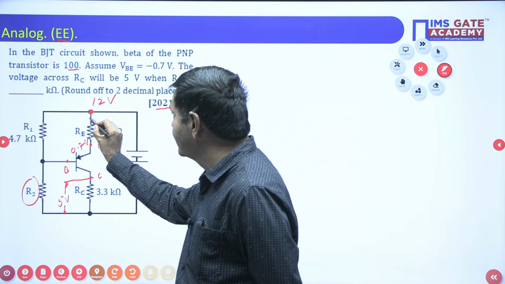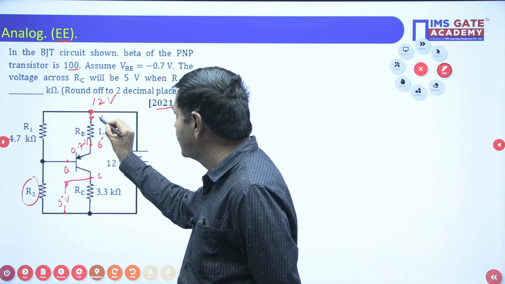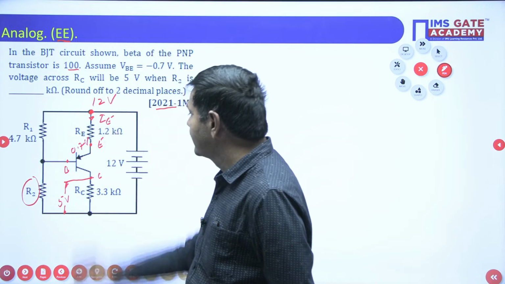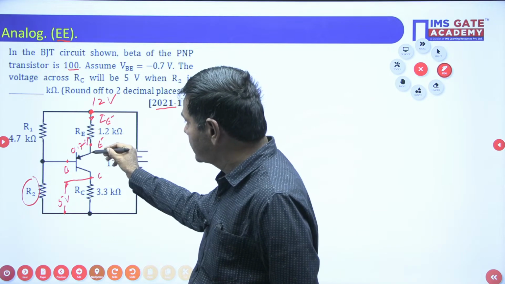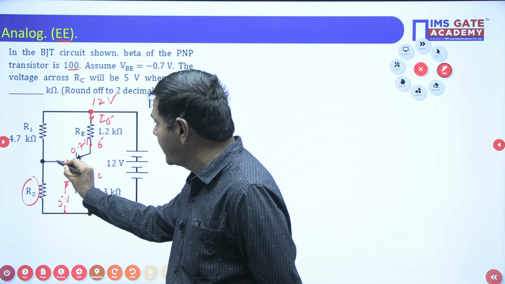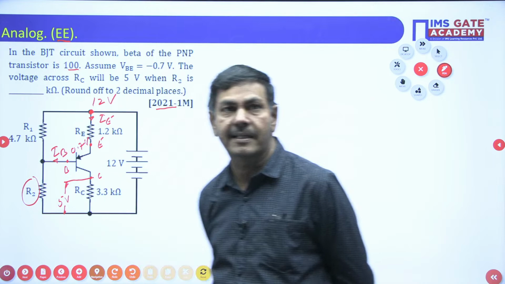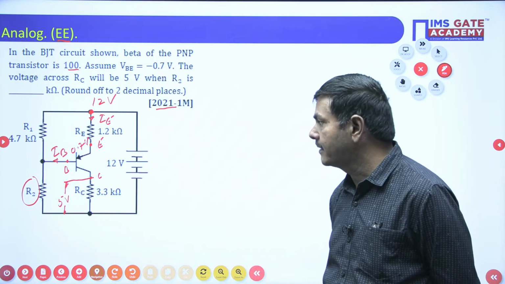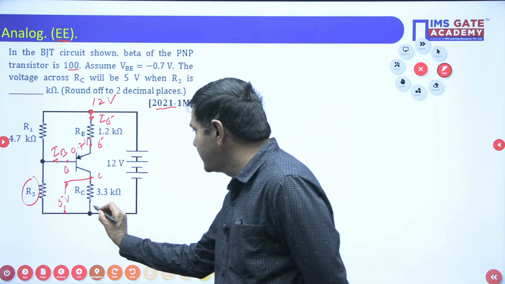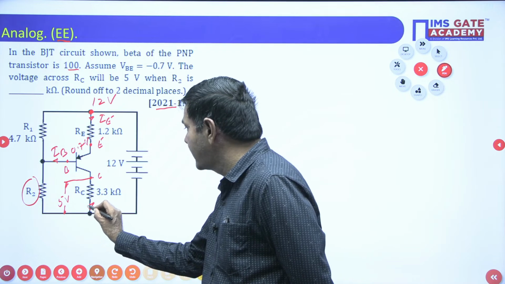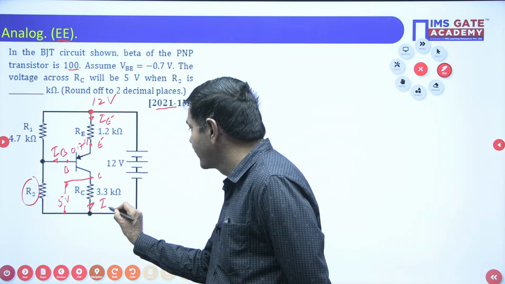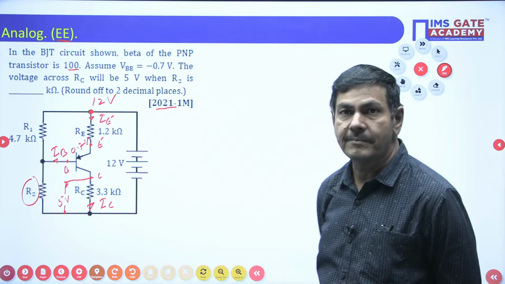This current is the emitter current. When this current comes, since it is a PNP, this side current is the base current. The current passing this side is the collector current.